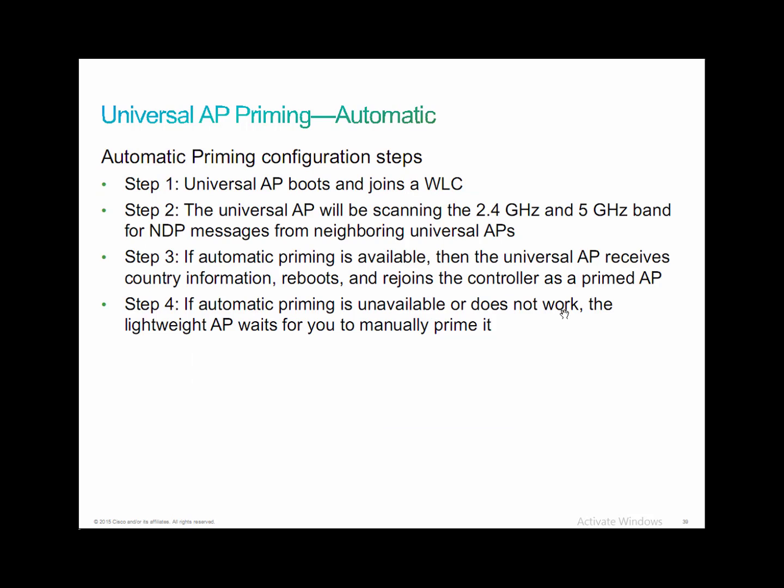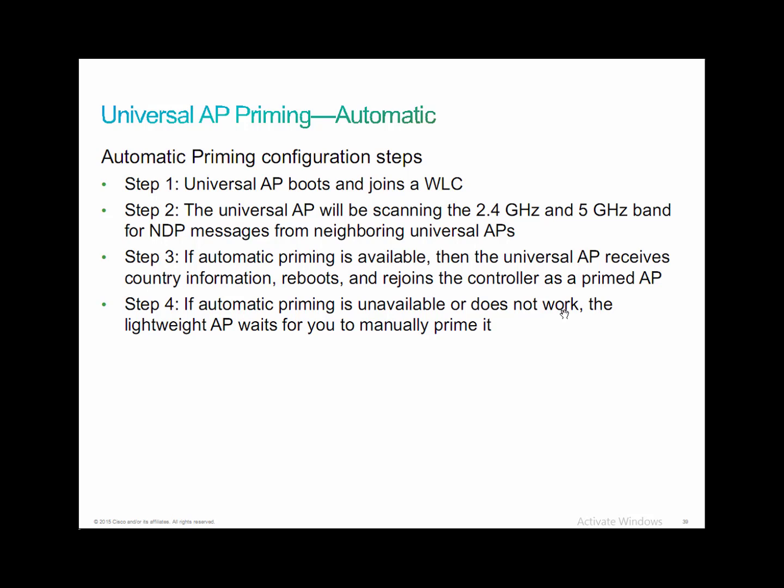All right. Automatic priming relies on a protocol called the neighbor discovery mechanism. That was the second option. Assuming that another AP in the RF area has already been primed, you can use this neighbor discovery mechanism to prime the other APs.